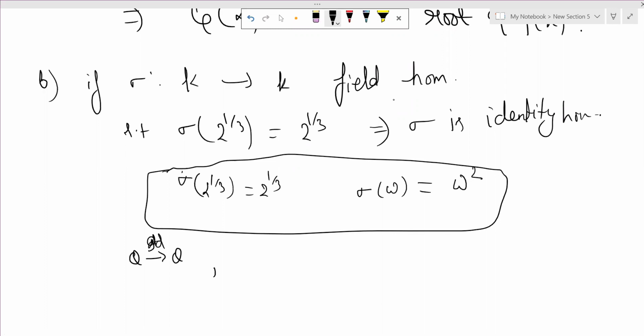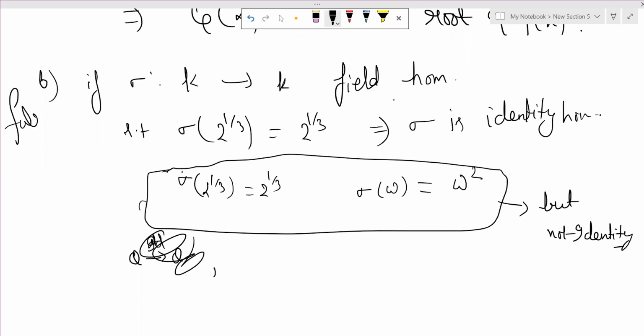So you give the explicit homomorphism on these elements, and all the other elements are linear combinations or multiplications of them. So this is a ring homomorphism, but not identity. So this is false.